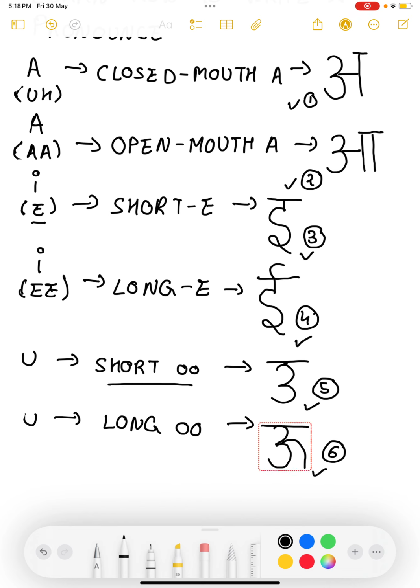A, e, e, u, u. That's how they sound. Try pronouncing them and remembering them in this pattern. You'll also understand which sounds or vowels are the short ones and which are the long ones. Memorizing in this pattern helps us.